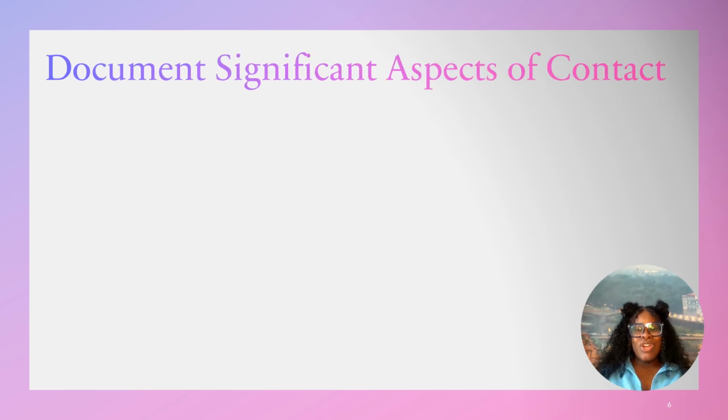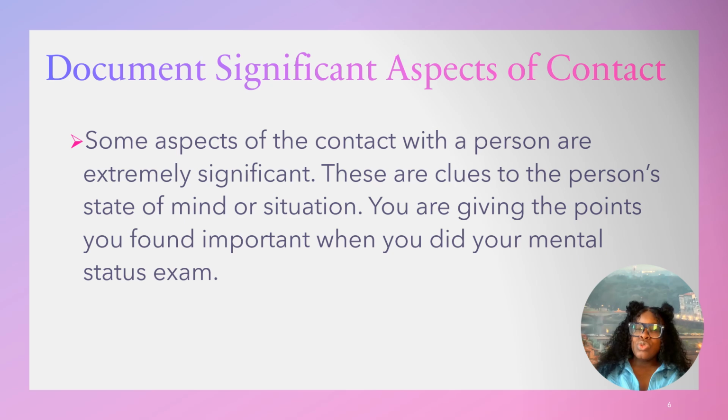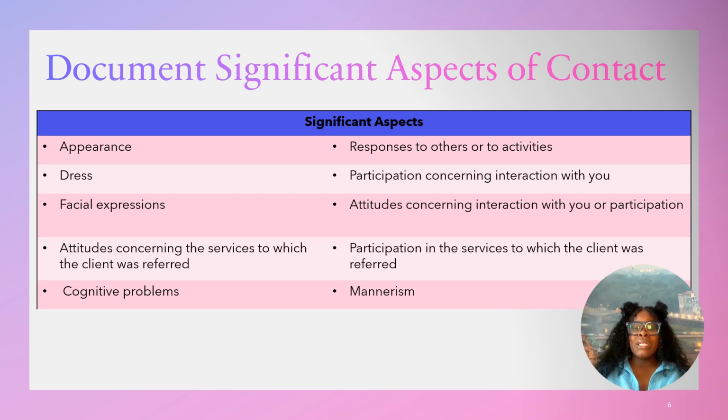We may also note some aspects that are extremely significant. These are going to be clues regarding the client's state of mind or their situation. The chart here displays some aspects that may be significant.